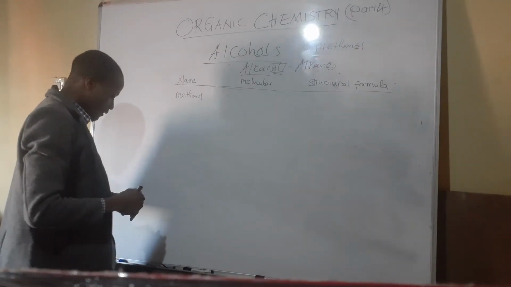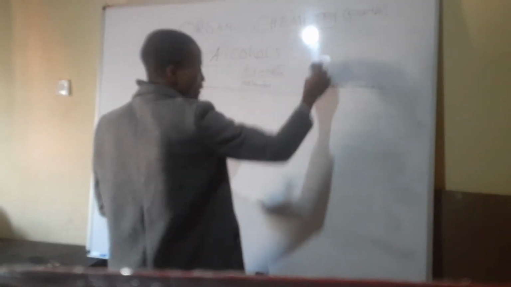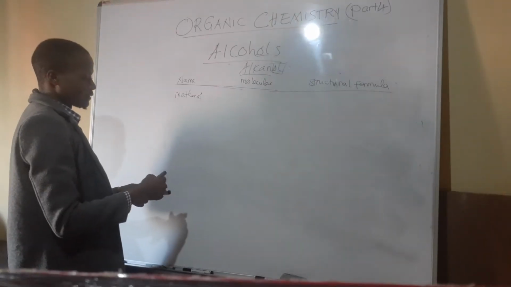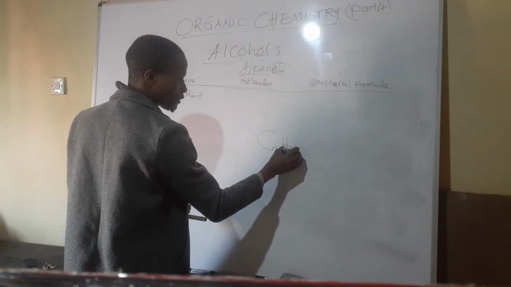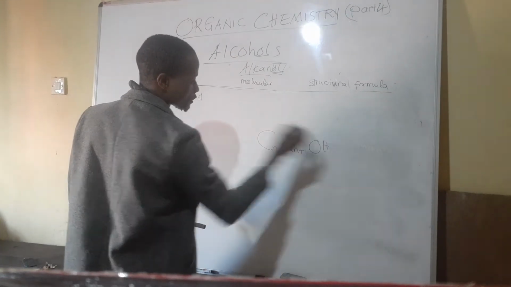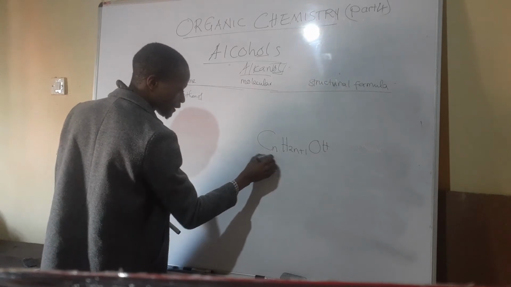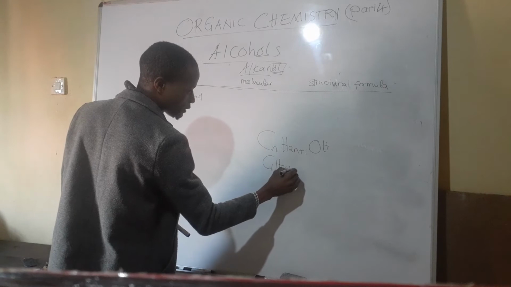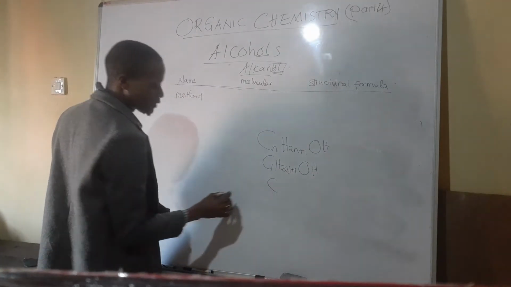To know the molecular formula of methanol, if you are not sure, you use the general formula CnH2n+1OH. Where there is n, you put 1, so C1, H2 times 1 plus 1, OH. The 1 you don't show.